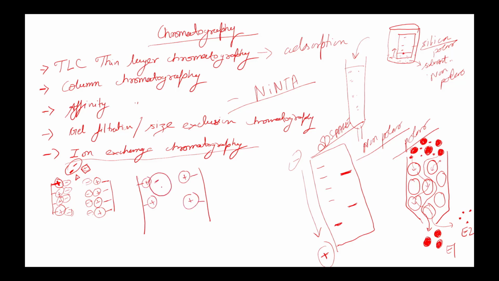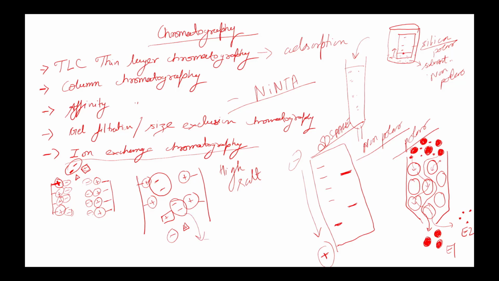It will bind to the immobilized surface, and the other non-specific ones will come out. The negatively charged protein will remain bound to the immobilized cationic surface. And when you provide a high salt concentration, the high salt replaces these bound anions, and in that high salt scenario, these proteins will come out of the column.